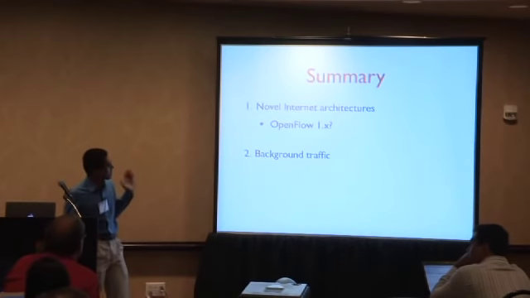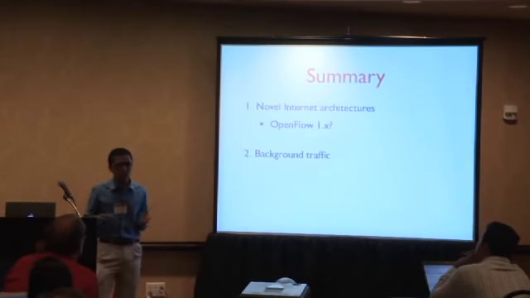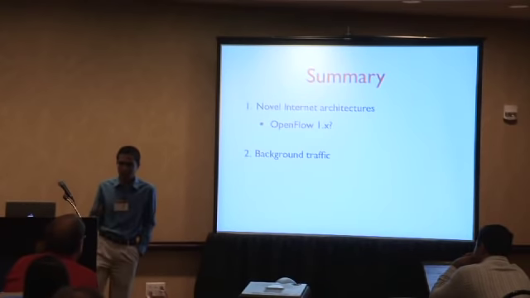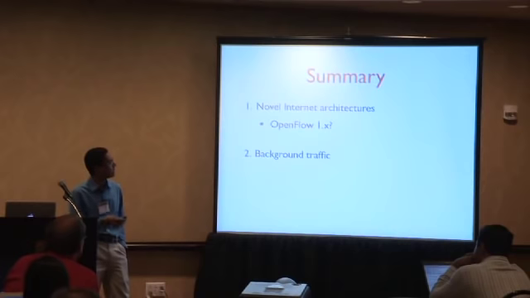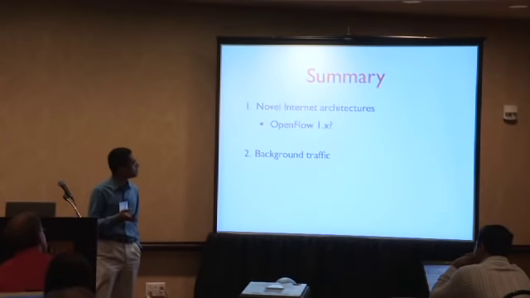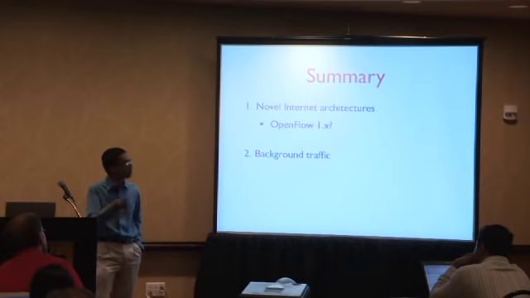Now, obviously, there are some architectures that are so novel that the only way you could possibly deploy them would be using a software routing implementation. But support for OpenFlow 1.x would expand the set of protocols or architectures that you could deploy directly on OpenFlow without having to go to a software implementation.